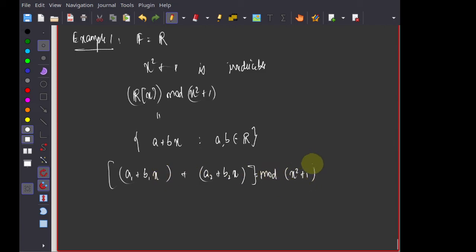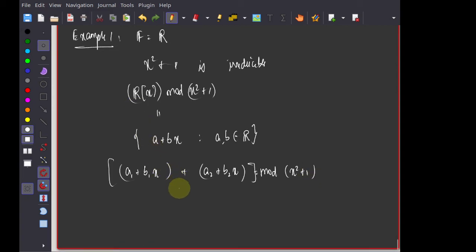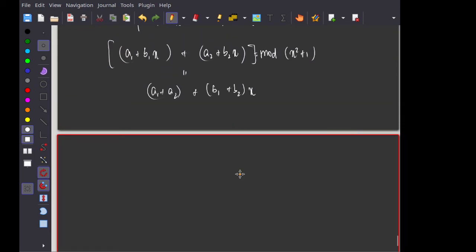So therefore, this mod is redundant. So this is exactly going to be equal to (a1 plus a2) plus (b1 plus b2) times x. Basically, the coefficients just get added up, nothing different. So multiplication is where things become interesting.